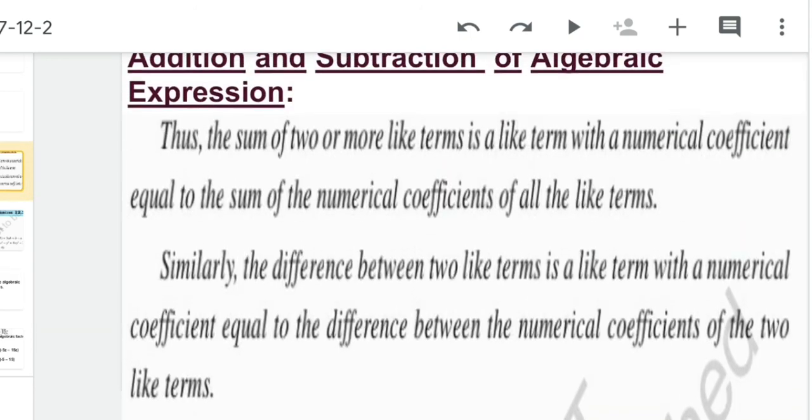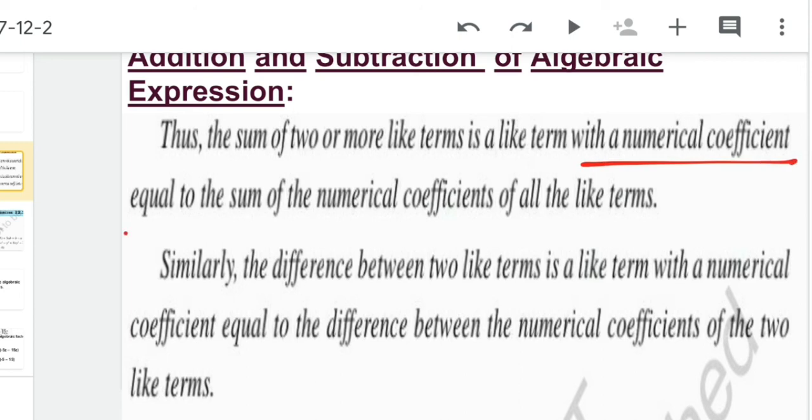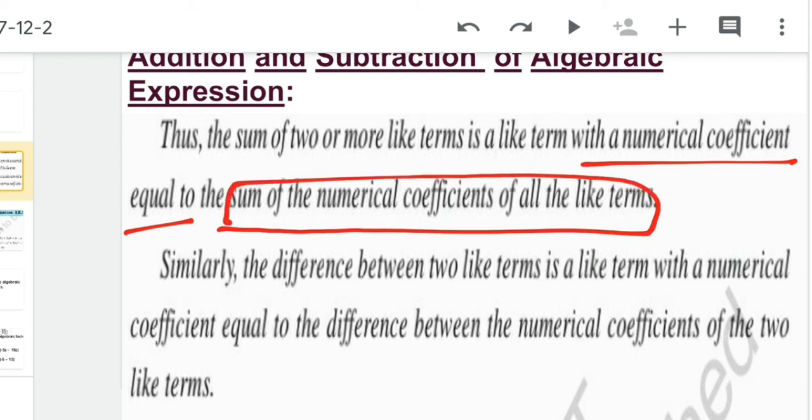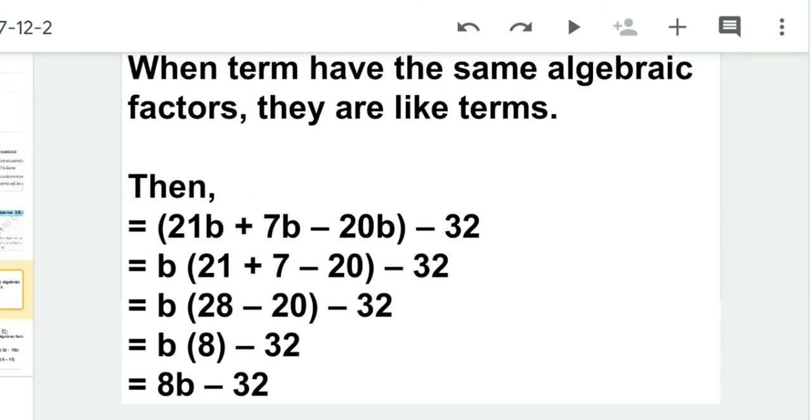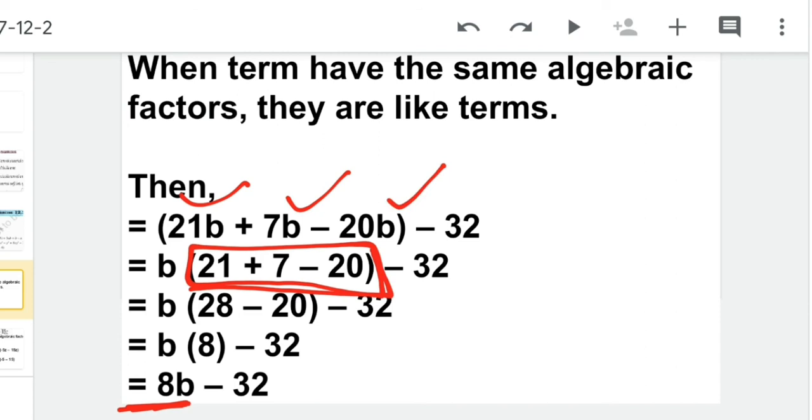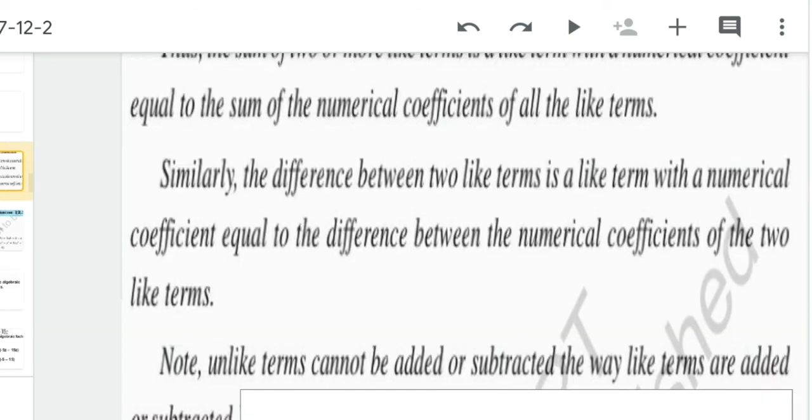And the next line is, the numerical coefficient of the answer is equal to the sum of the numerical coefficients of all the like terms. As you can see here, the numerical coefficient of the answer is equal to the sum of the numerical coefficients of the like terms. Okay, this is the meaning of this line.